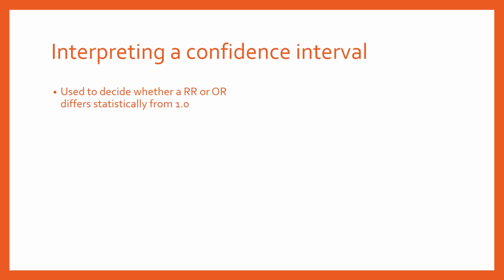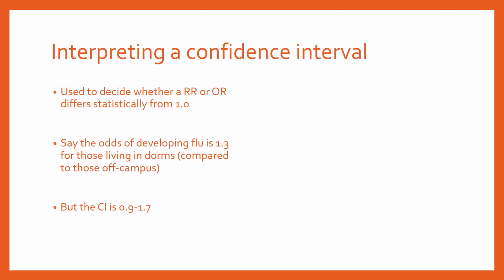Confidence intervals are used to decide if the risk or odds is statistically different from 1. So remember, if you have a relative risk or an odds of 1, that means there's no effect of your risk factor. So let's say the odds of developing flu is 1.3 for those who live in dorms compared to those who live off campus, but the confidence interval is 0.9 to 1.7. Great, what does that mean? If you repeated your study 100 times, 95% of those times you'd get an odds of somewhere between 0.9 and 1.7.